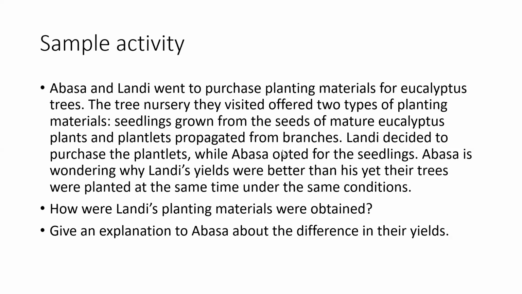Avasa uses seeds. How are you supposed to answer this question? You give both the advantages and disadvantages of vegetative propagation, just the same thing, advantages of using vegetative propagation. And explain them well, and you'll be in business.